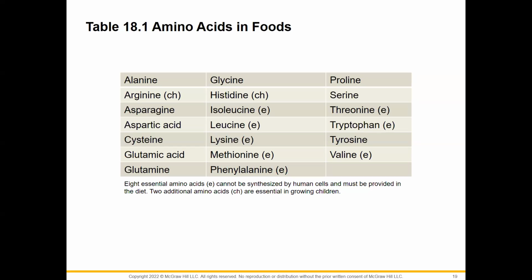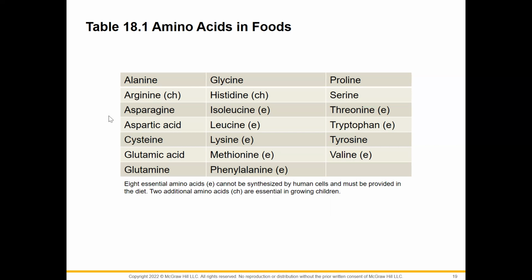On the slide, what you'll see is the names of all of the amino acids that our bodies need, all 20 amino acids that our bodies need. Now, I'm not going to require you to memorize these, but pay attention to them because you may see these as you move further into your career or your education for your career because these are extremely important.